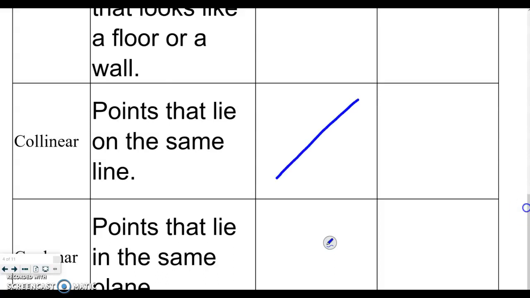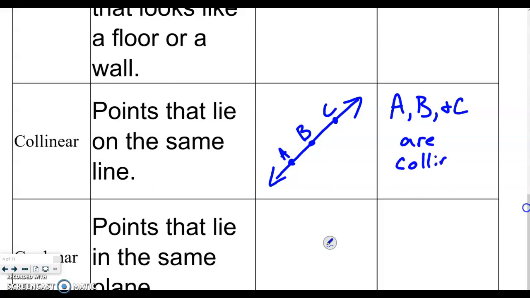So if we've got our line, and we have point A, point B, and point C, we know that A, B, and C are collinear. Points that lie on the same line are collinear.